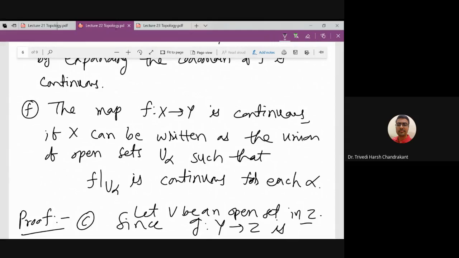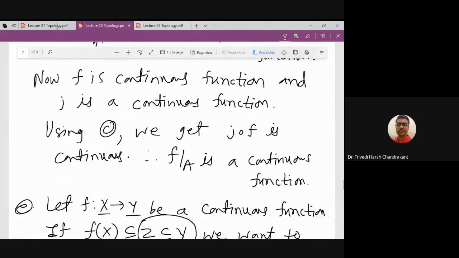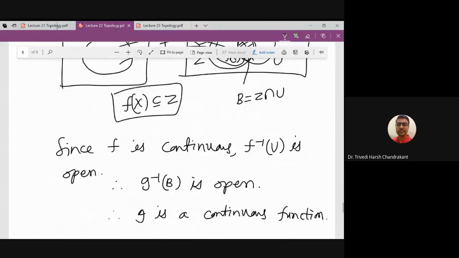The last part is that the function f is continuous if X can be written as a union of U alpha, and each f restricted to U alpha is continuous. So let us write down the statement.